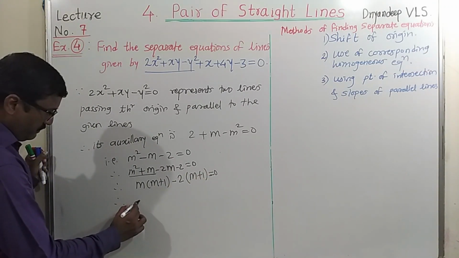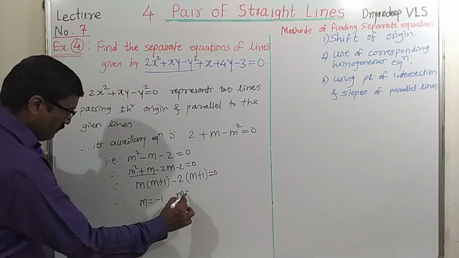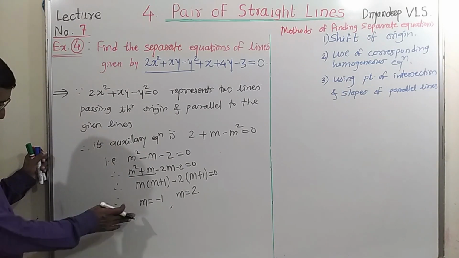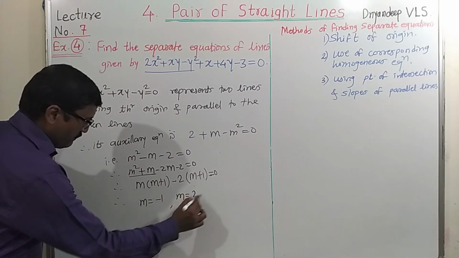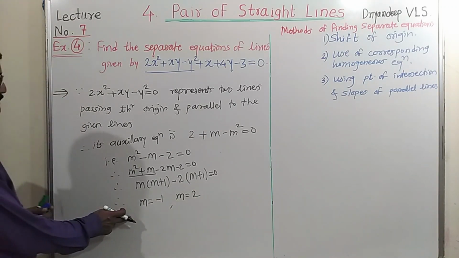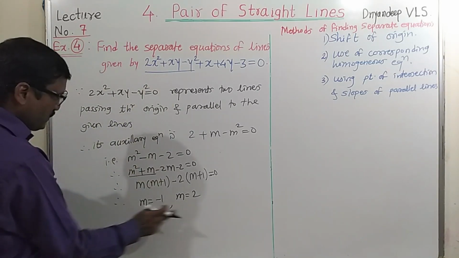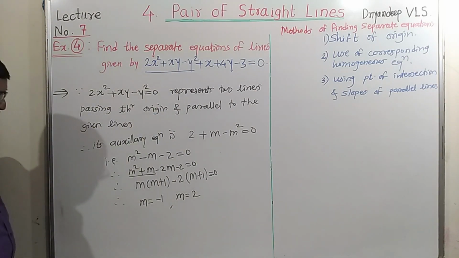Therefore, this will give us the two values of m, that is minus 1 and m equal to 2. Okay, so these are the two slopes of these two lines which are parallel to the given ones. So we will use these two values to find the separate equations of lines represented by this equation.